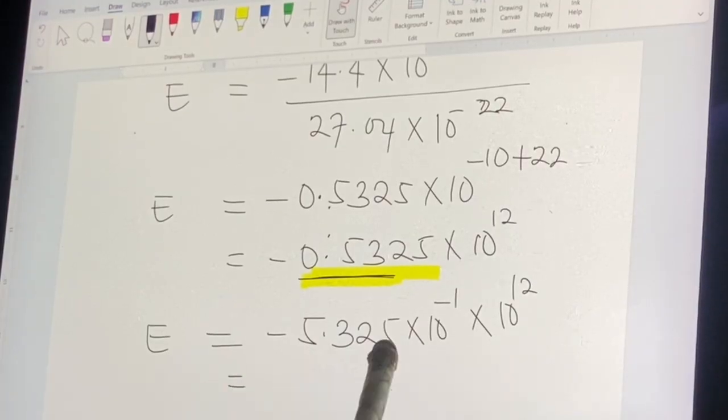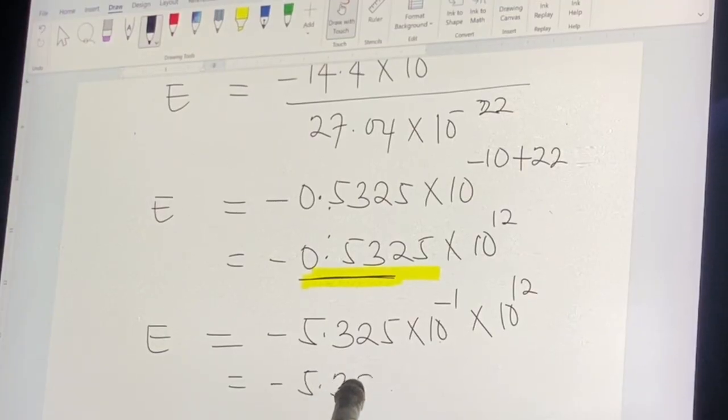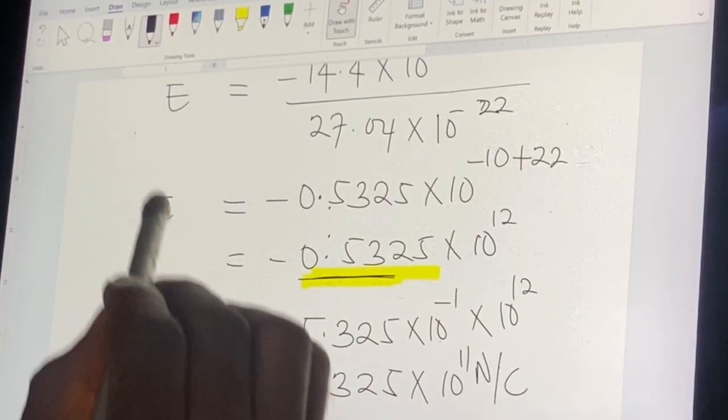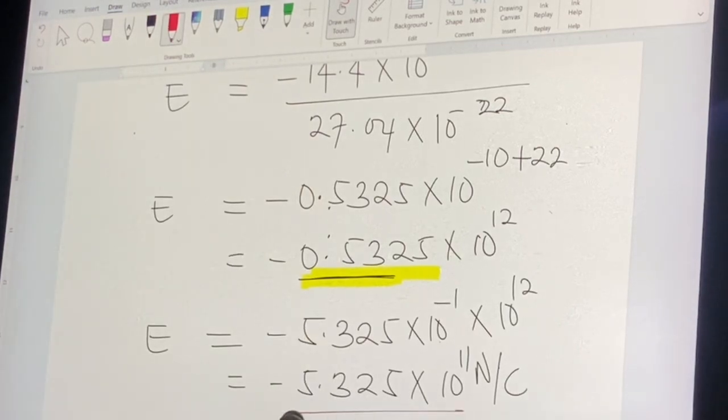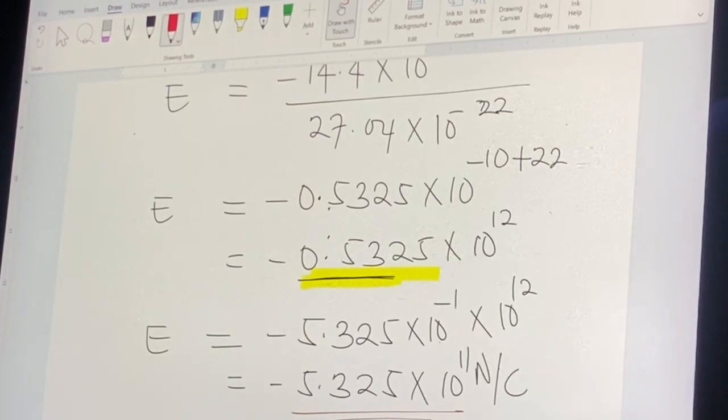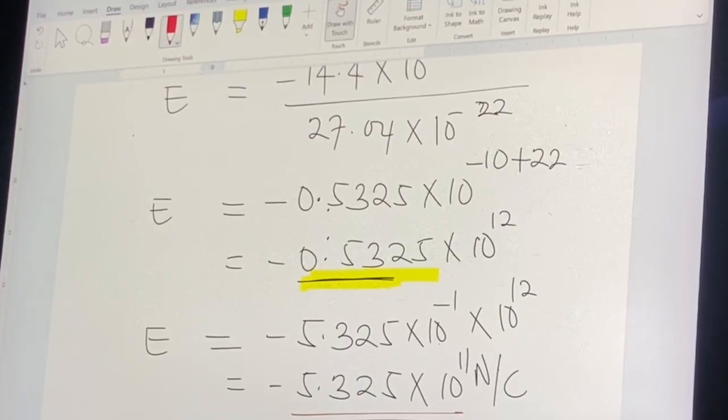From the law of indices, this is 10, this is 10, we take only 1, so minus 5.325 times 10 raised to the power of 11 newton per coulomb. Please don't forget that this is our answer here. All right, so this is how we solve questions for electric field when distance is given to us.